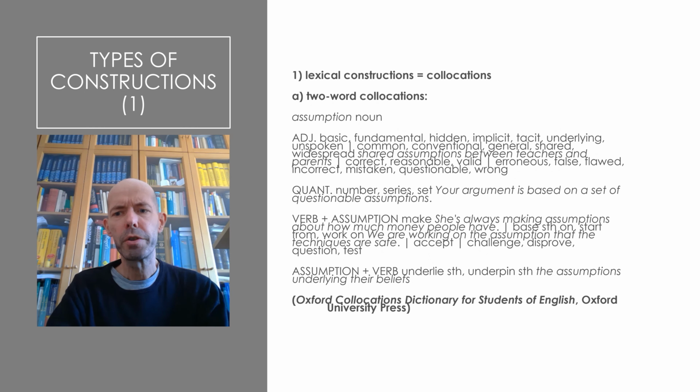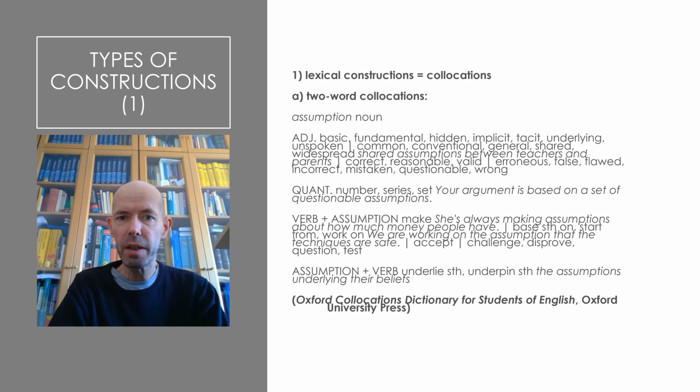So once we've understood this notion of construction, the next question to ask is, of course, what sort of constructions are there? And what I'm proposing here is a three-part division of the spectrum of constructions. The first type being what I've just called a collocation, a lexical construction, that is, a construction consisting of two or more words.